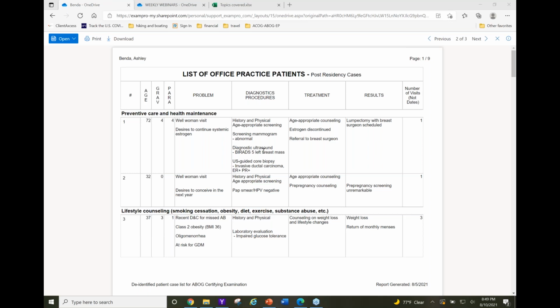Okay, if she did want to try something else, you mentioned SSRIs. Is that what you would have recommended for her? No, I should be more specific. An SSRI or an SNRI, given that she has this picture of newly diagnosed breast cancer, I would have started her on an SNRI as opposed to an SSRI.